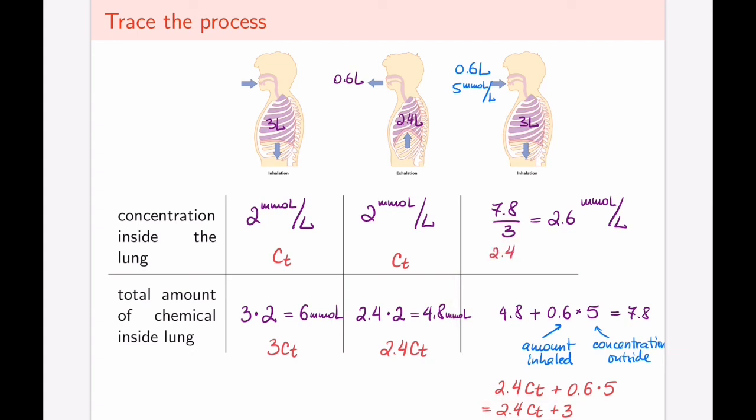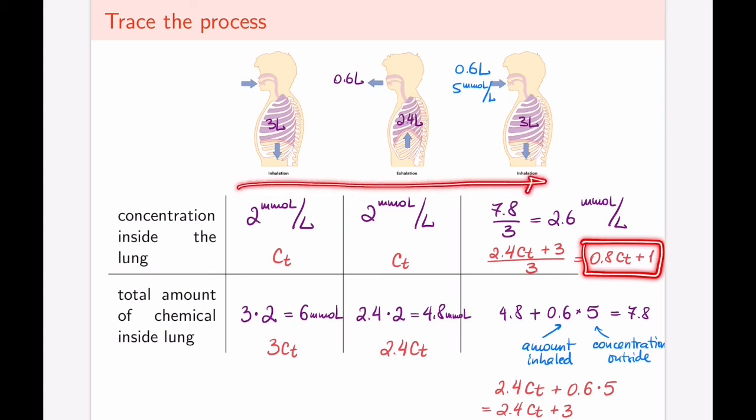So we had 2.4 C sub T plus 3, all divided by 3, which I can of course simplify by dividing through to get 0.8 C sub T plus 1. This is exactly what the concentration is now going to be once we make it through the full inhale-exhale step. So our model is C sub T+1 equals 0.8 C sub T plus 1.